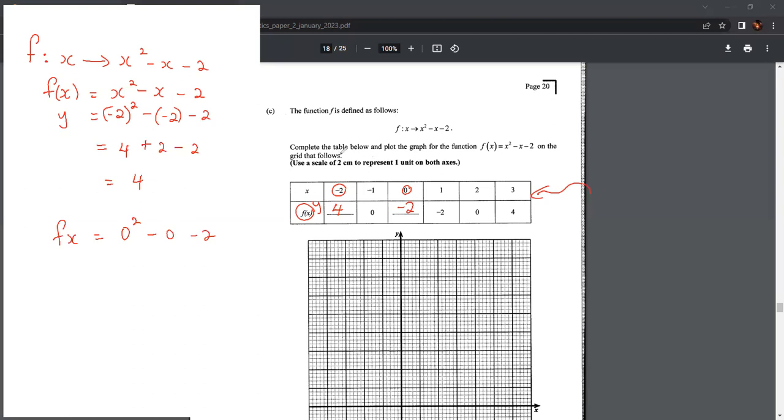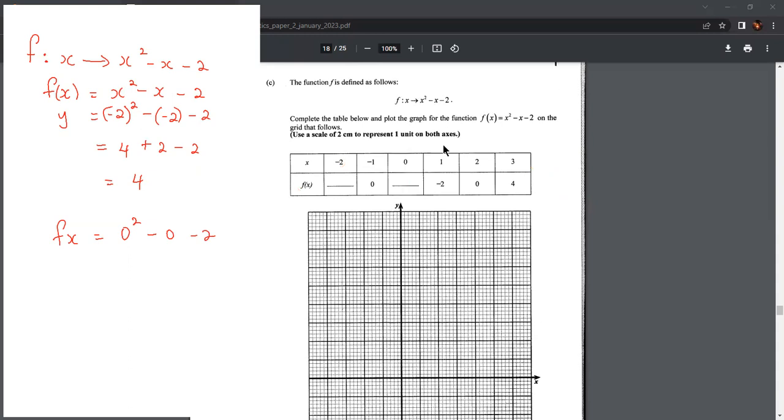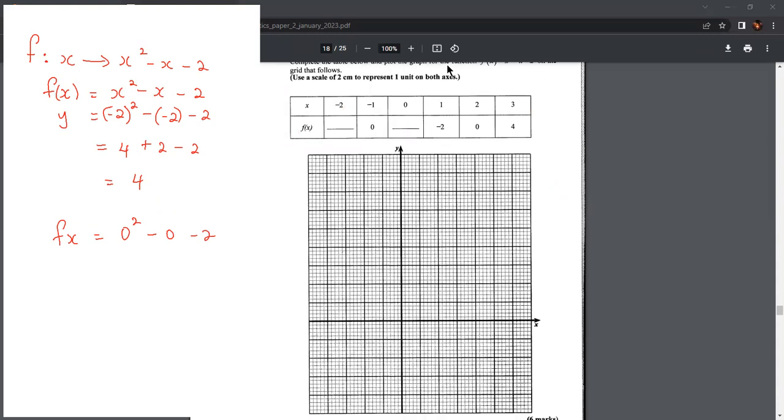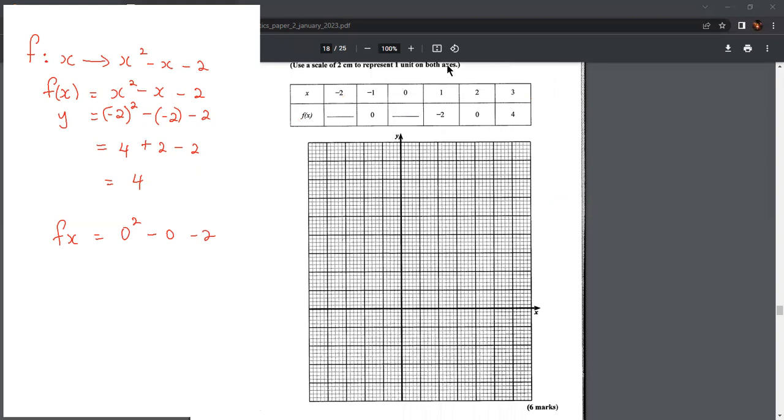Then they gave you the scale. If they give you the scale, you have to use their scale. All right, so I'm just erasing this part to get some room on it. So this was 4 and this was negative 2.